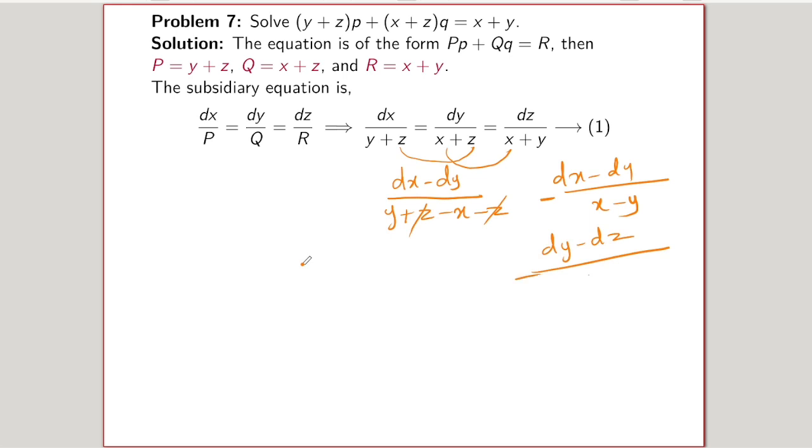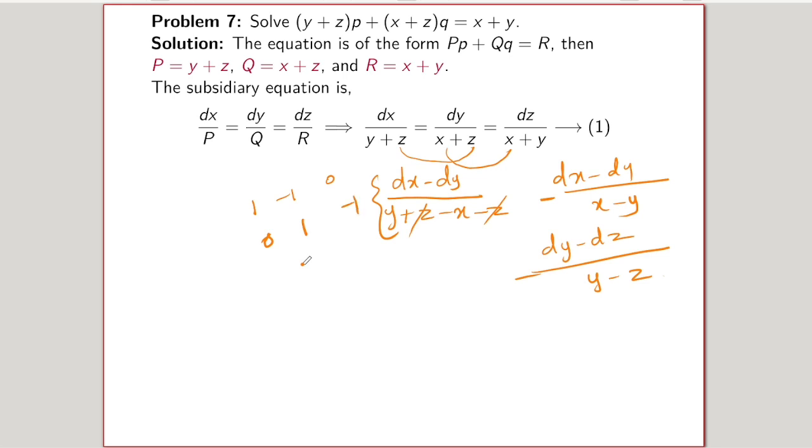minus y minus z. So in other words, it is nothing but choosing the multipliers as, for the first one, 1, minus 1 and 0. And for the last two, we are choosing the multipliers as 0, 1 and minus 1.